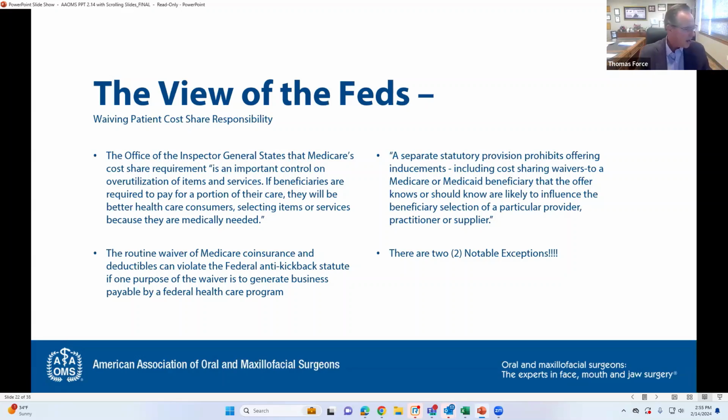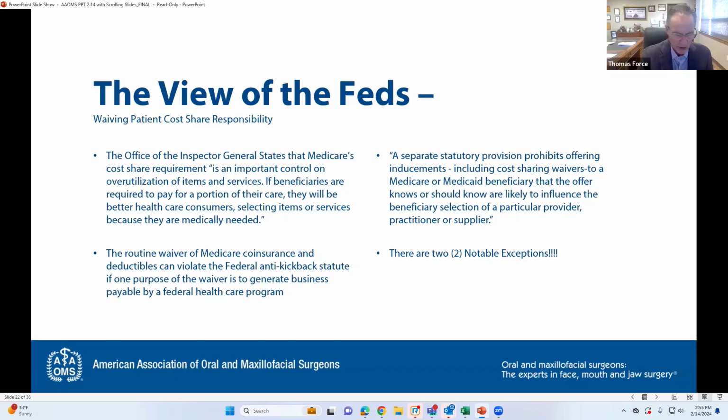Now, first, I need to tell you, for those that don't know, what is the Office of Inspector General? Well, that is the regulatory body that essentially protects the integrity. It's charged with protecting the integrity of agency programs such as Medicare, Medicaid, and other HHS federal programs.